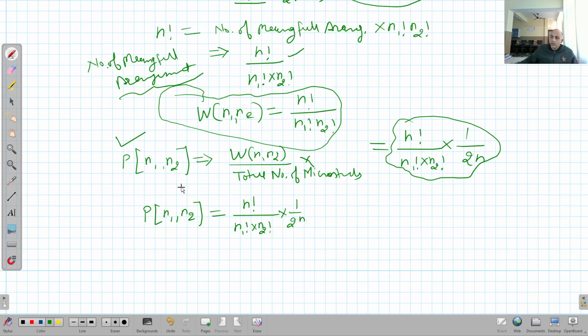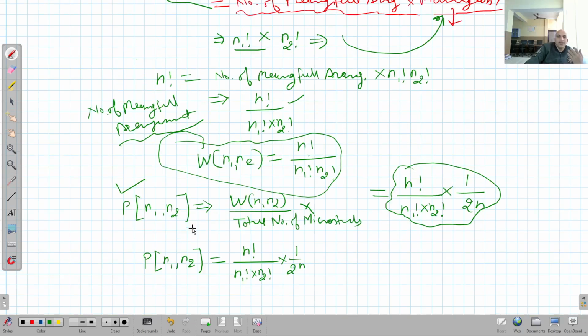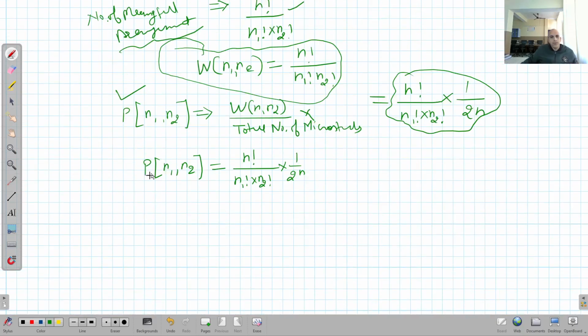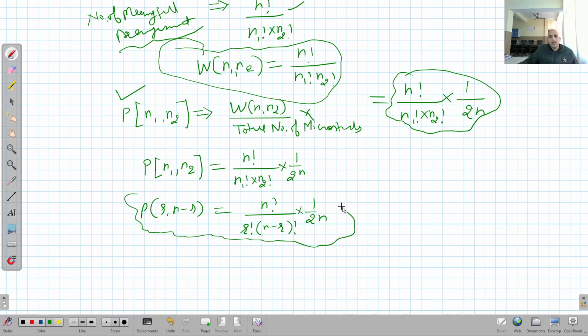Right. Now in place of n1 and n2, I can consider that here there are r particles and here there are n minus r. Again the same thing. So in that case, it will become P(r, n minus r), that is equal to n factorial upon r factorial into n minus r factorial into 1 upon 2 raised to power n.